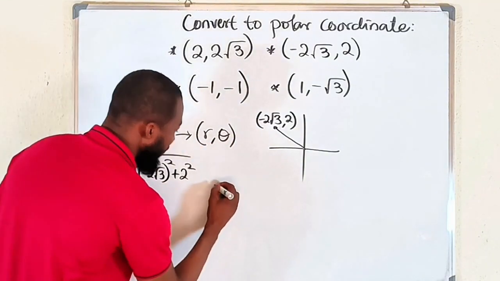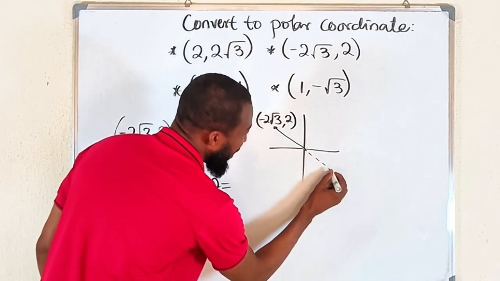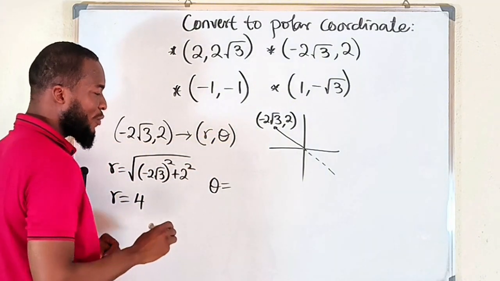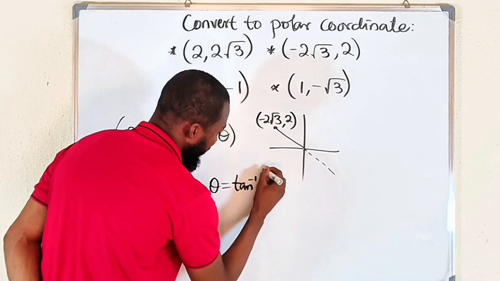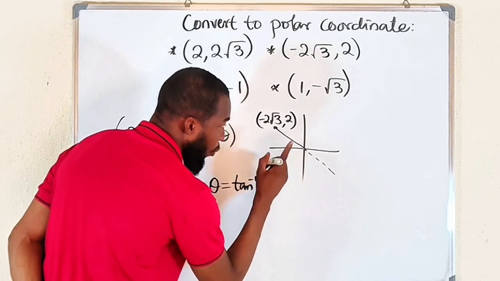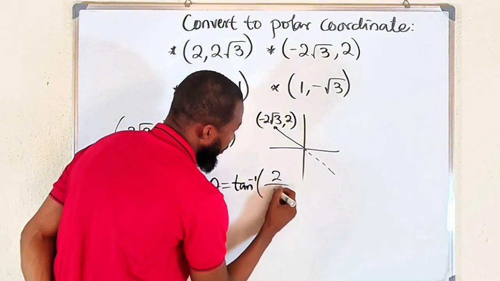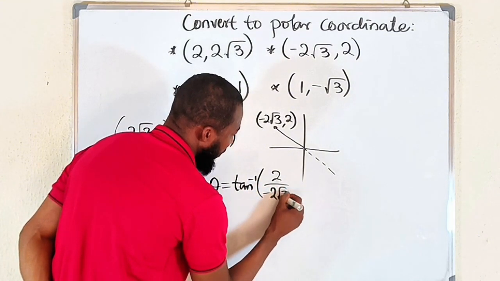Remember, I told you that this is in the second quadrant, right? Tan inverse will return an angle here because it will not return an angle here. But I'm going to show you how you can do that. This is tan inverse of y over x, right? This is y, that is 2 divided by negative 2√3.